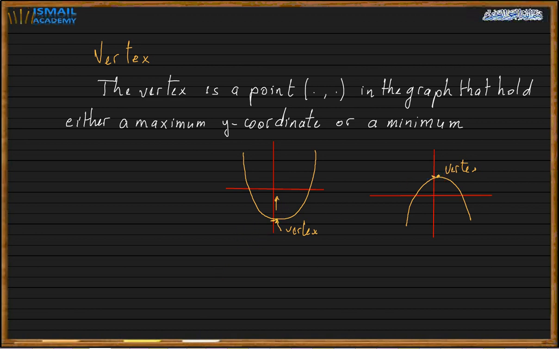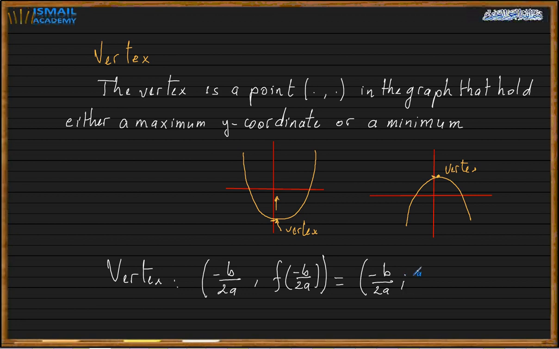So how to find the vertex? The vertex is a point which has x coordinate minus b over 2a. And the y is what you get when you plug this into the function, that means you substitute minus b over 2a into f. But if you want to know it with the coefficients, f of minus b over 2a is just minus the discriminant over 4a.